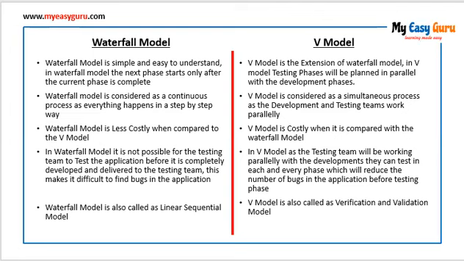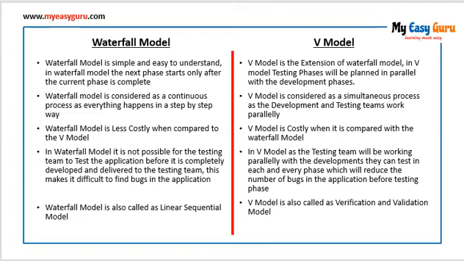And also the phase overlap is not possible in case of waterfall model. So in case of V model, everything is simultaneous. So waterfall model is less costly when compared to the V model, and V model is costly when it is compared to the waterfall model.